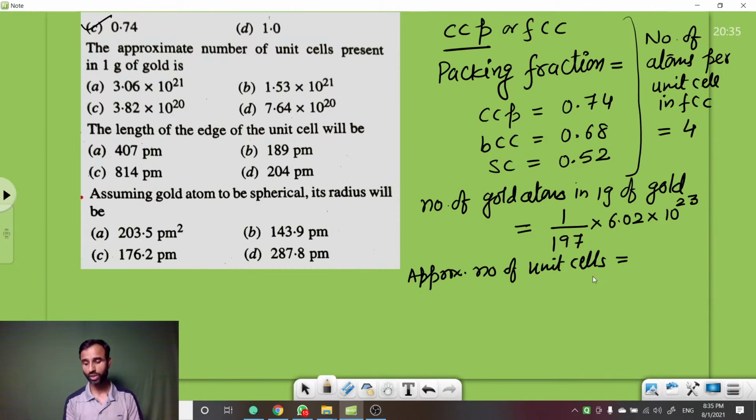So the number of unit cells is one-fourth of the number of gold atoms.